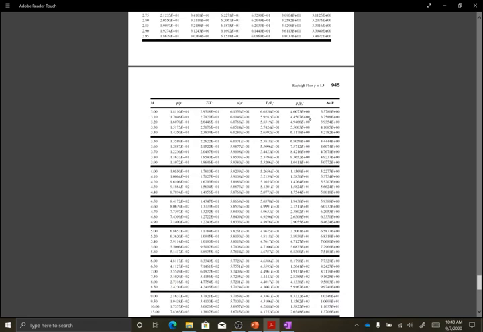Again, we are looking at the pressure ratio and the temperature ratio, because we are asked to find the total temperature at the exit and the total pressure loss. So the temperature ratio is 0.603 and the pressure ratio is 4.00.